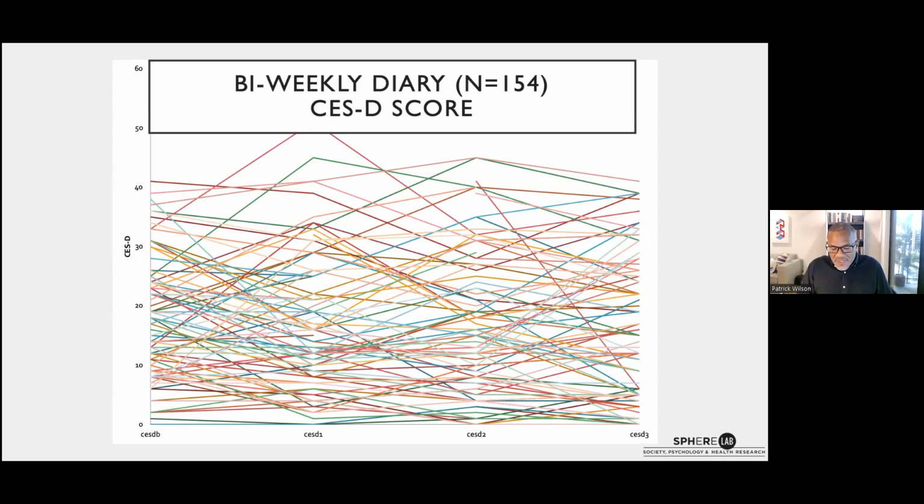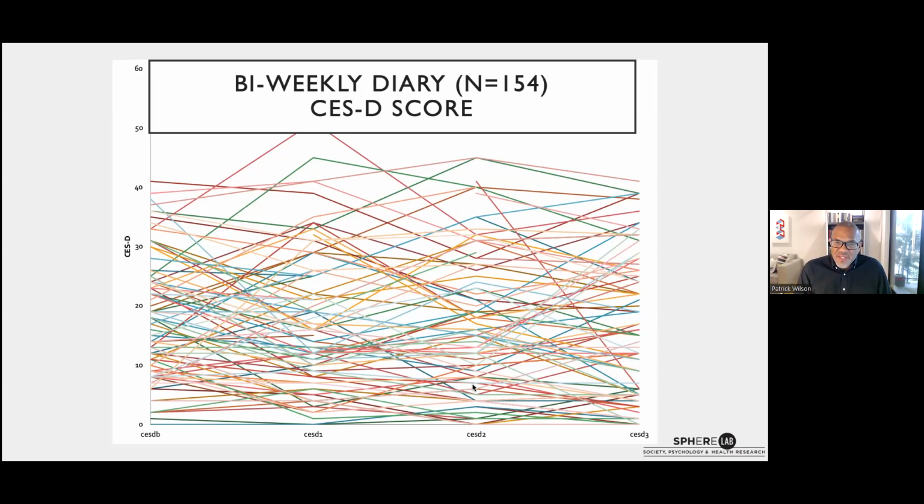So this is a graph from many years ago, one of the first studies I did independently, and it really shaped my interest in doing this kind of work. I was always interested in doing work that involved multiple assessments to understand how situational contexts shape a given outcome.